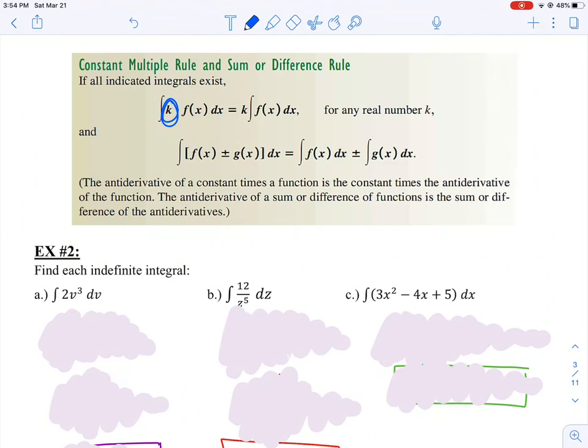We take that constant and we bring it out in front and then just find the antiderivative of the rest of it. Or when we have two different terms and they're separated by a plus or minus sign, what I can do, just like I did with derivatives, is I can find the antiderivative of each piece separately and then just add or subtract them together. But that only works if there's a plus or minus sign.